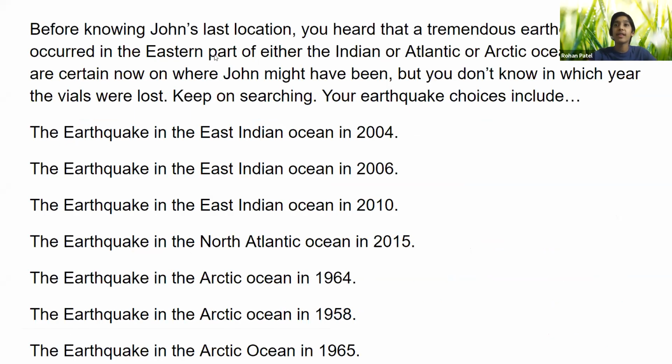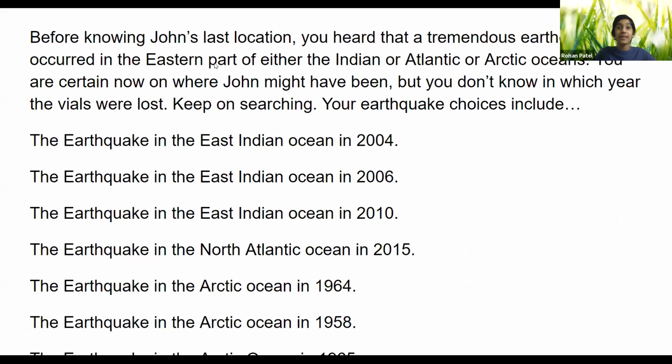Before knowing John's last location, you heard that a tremendous earthquake had occurred in the eastern part of either the Indian or Atlantic or Arctic Oceans. You are certain now where John might have been, but you don't know in which year the vials were lost. Keep on searching.